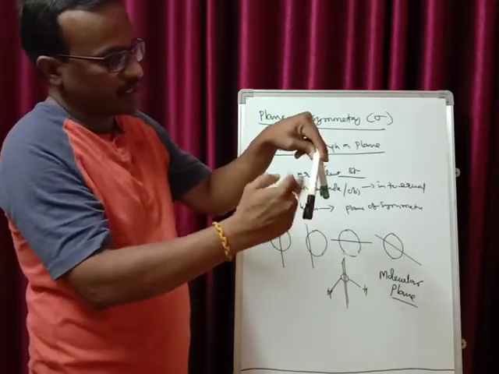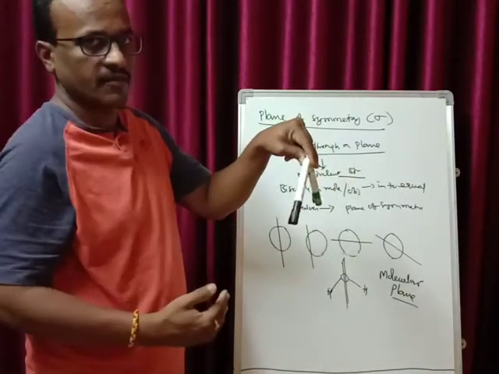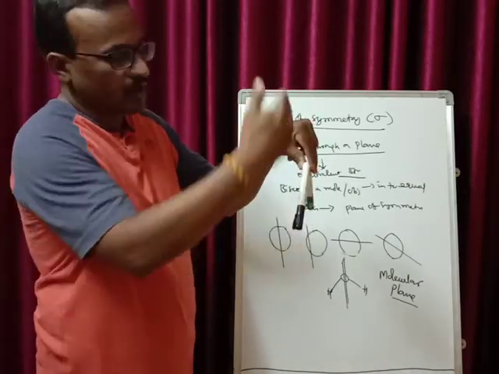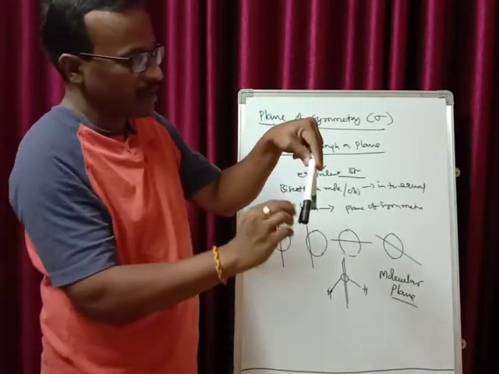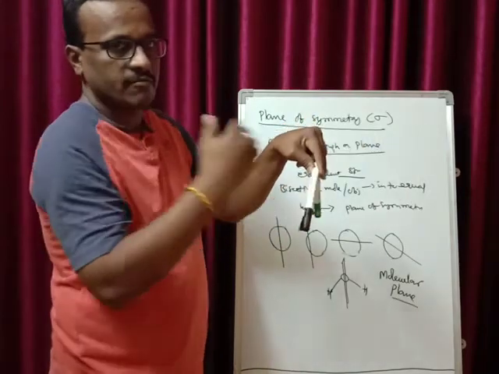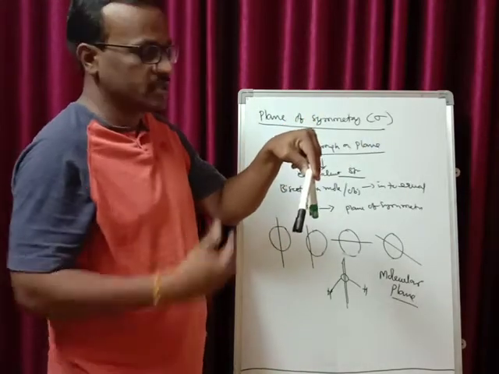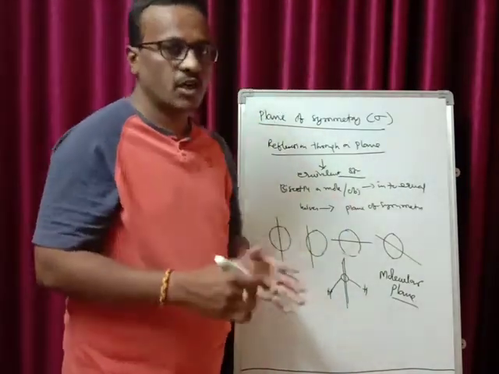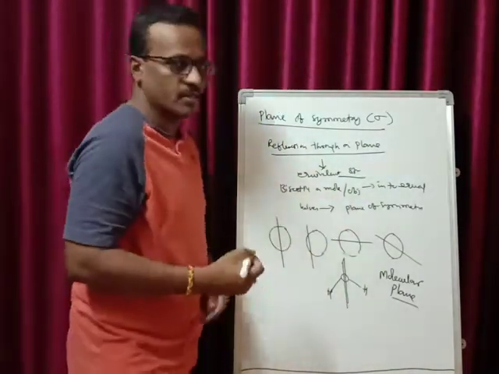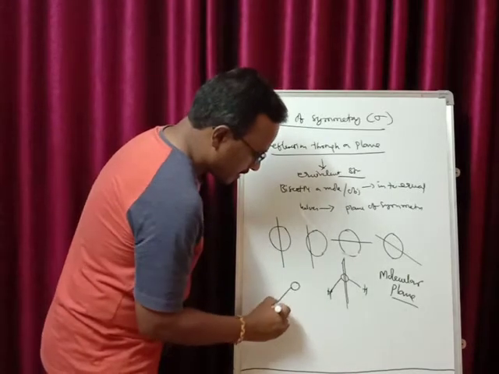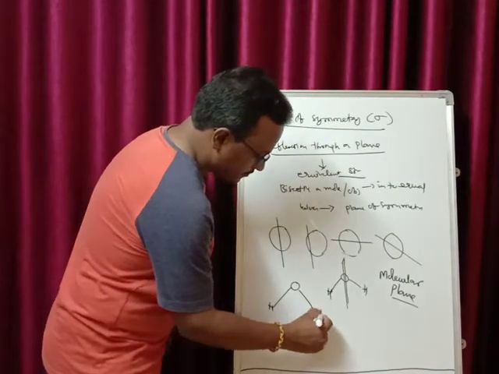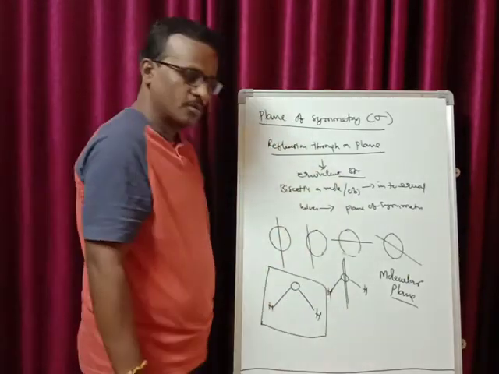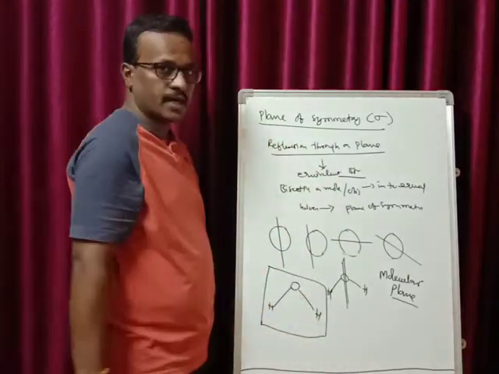First half, you get the second half. When you are reflecting along this plane, you get two equal halves, the same equivalent half on each side. Such a plane of symmetry which is touching all the atoms is generally called the molecular plane, and generally we represent that molecular plane like this.